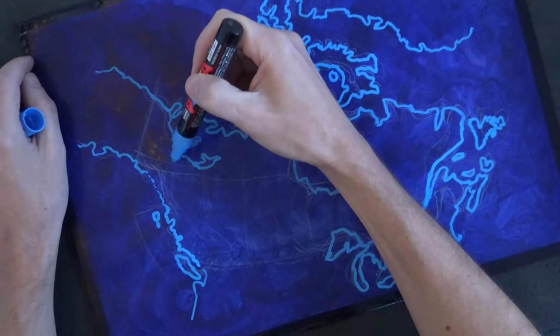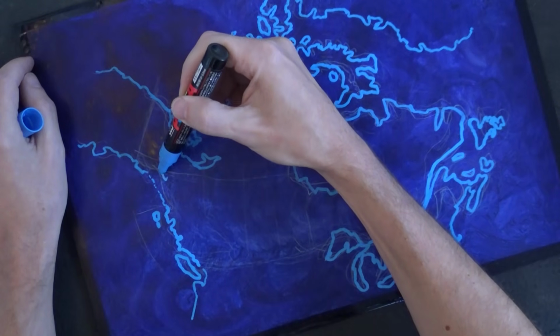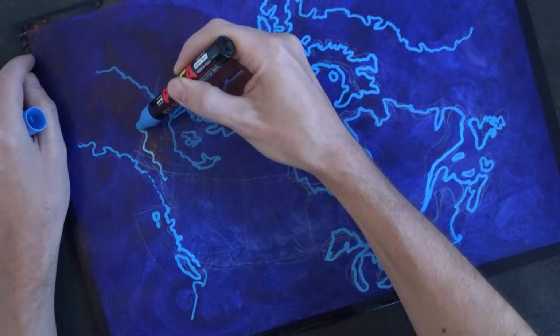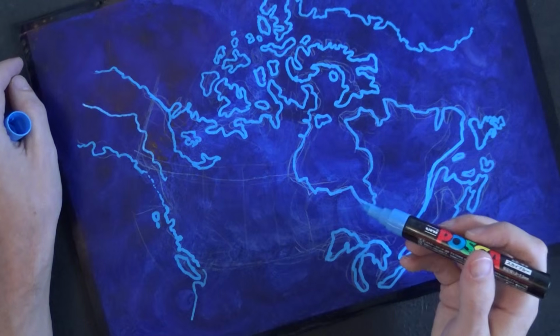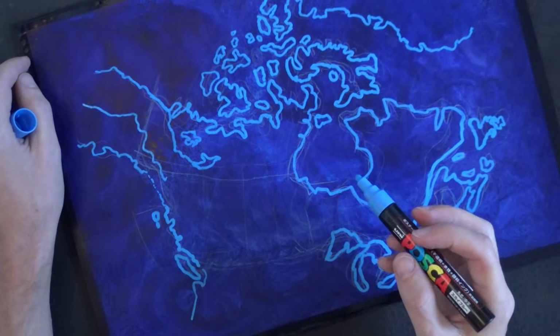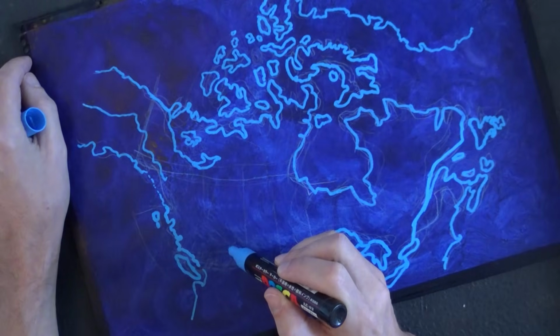Yukon River starts here in northern British Columbia. And Columbia River also starts in British Columbia.